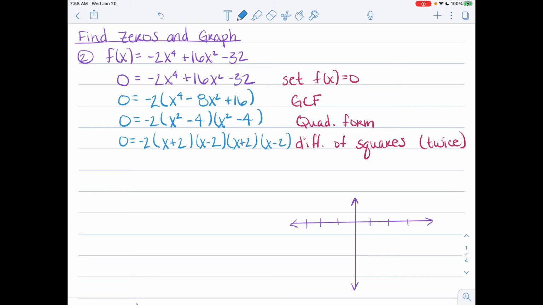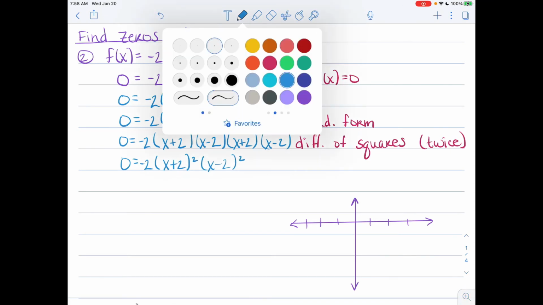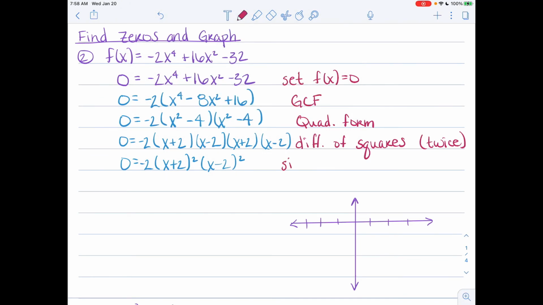Now I can clean this up and simplify it because I have some repeated solutions. So negative 2 times x plus 2 squared, because that one happens twice, and x minus 2 squared because that one also happens twice. So this is my simplify step.